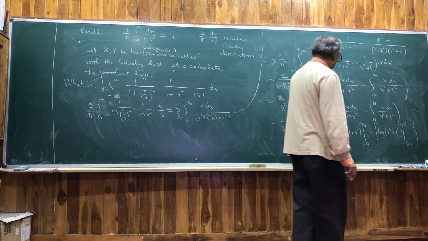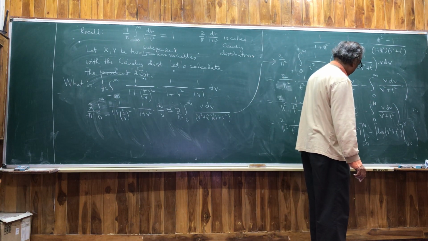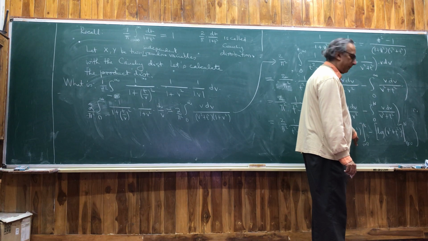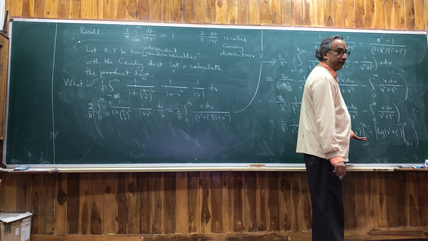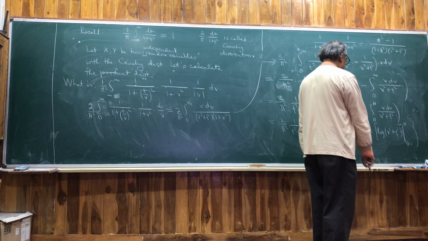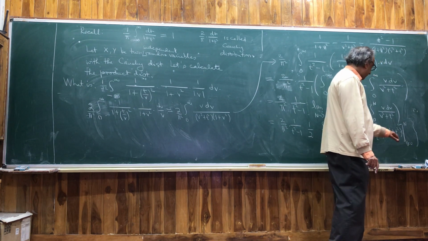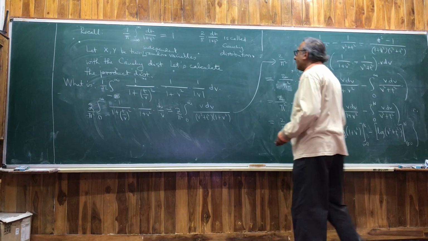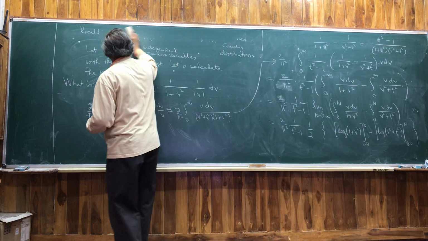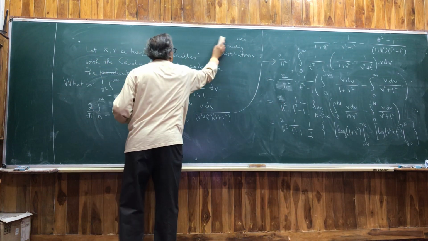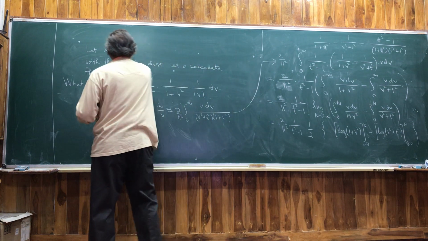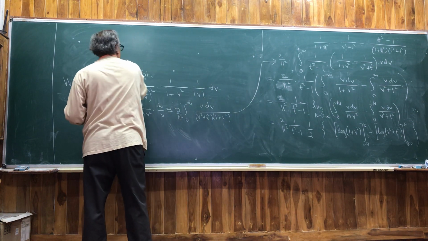Okay, so I have log of 1 plus n squared at the top here, and v equals 0, it's 0 anyway. At v equals 0, it's log of t squared.